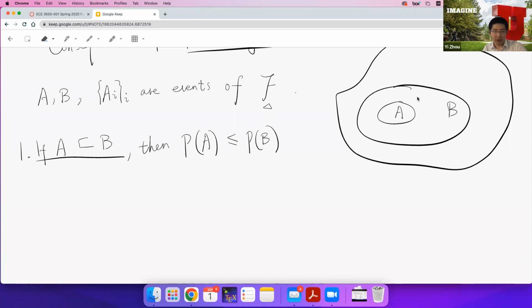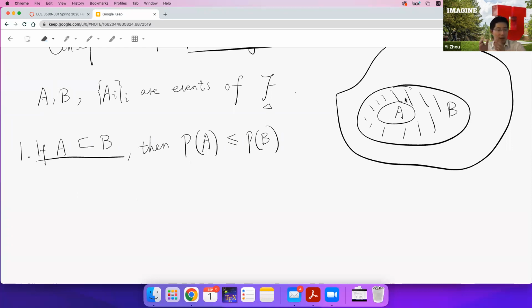From this figure, you can see that since B is a bigger event, B can be written as A plus the residual part, and these 2 parts are mutually exclusive.